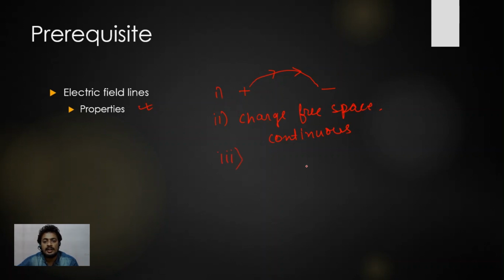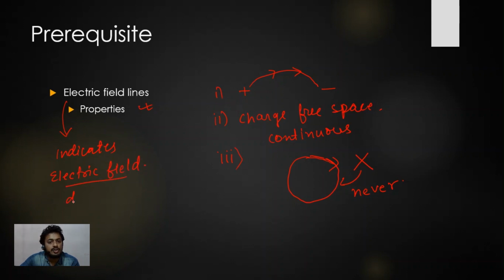Next, we know that electric field lines cannot make closed loops. Electric field lines never make closed loops. And you already have been taught that electric field lines indicate the force or electric field due to charge.